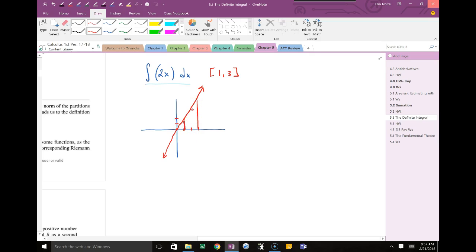Well, we could use a Riemann sum and do rectangles, or we could even do a trapezoid, which would be a great scenario in this particular equation. But once we start to get functions that become curved, we need something that's more exact.